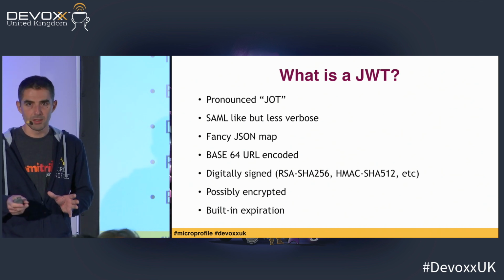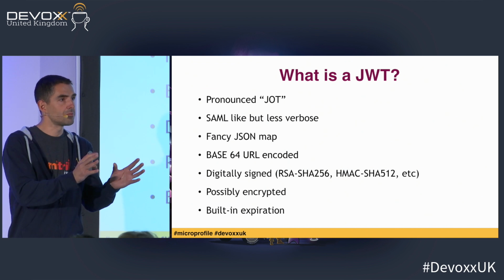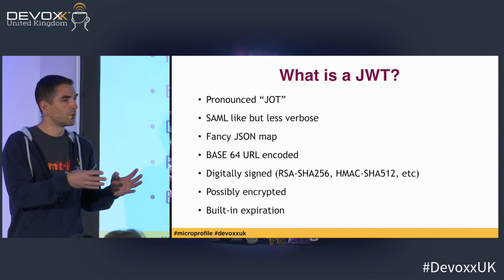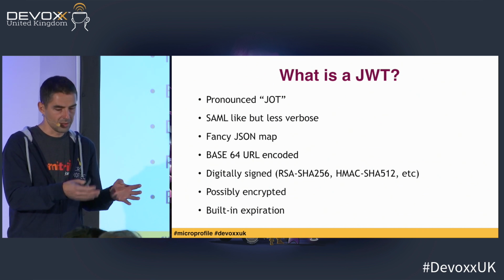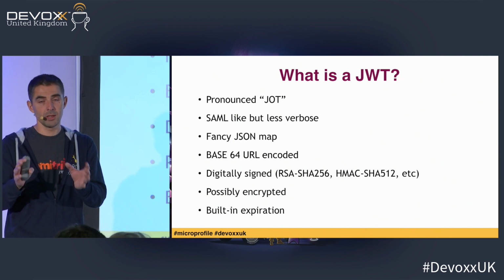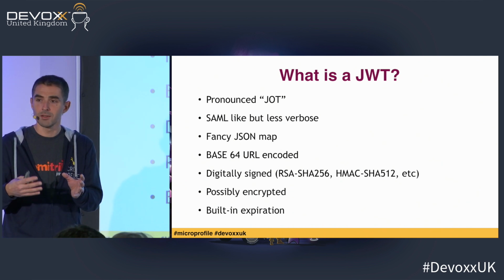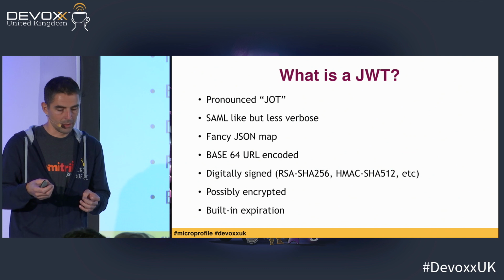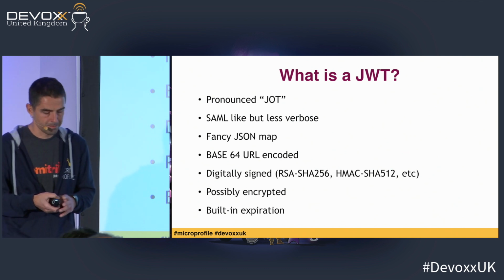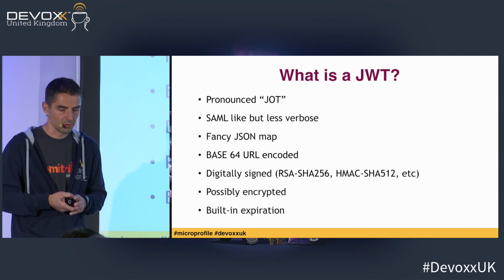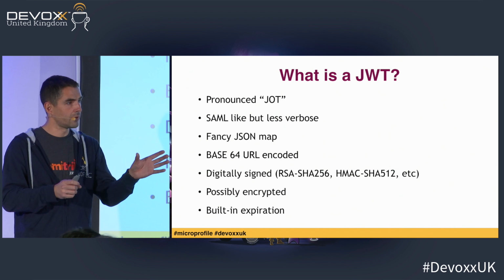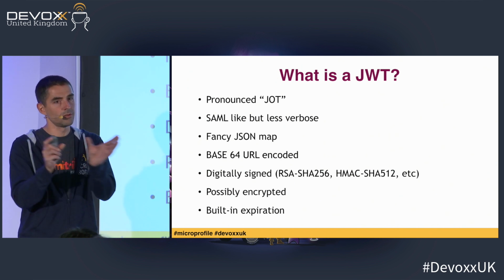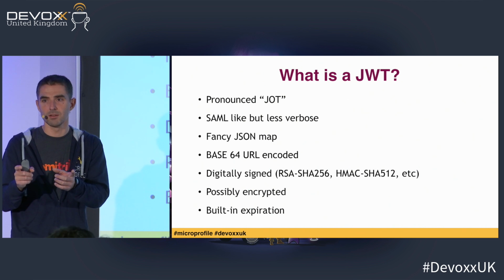Everything is base64 encoded, so basically what you get is a JSON map for the header, where you have the type of the token, the algorithm you use to sign the token, and some other stuff if you want to, the key ID, etc. And then you've got the payload, where you can add all the metadata you want, for example, all the roles, the username, the issuer of the token, and many other things, the expiration date, when the token has been issued, etc. That gives you the body. Then you base64 the header, you base64 the body, and then you sign it, and the last part is the signature, basically.